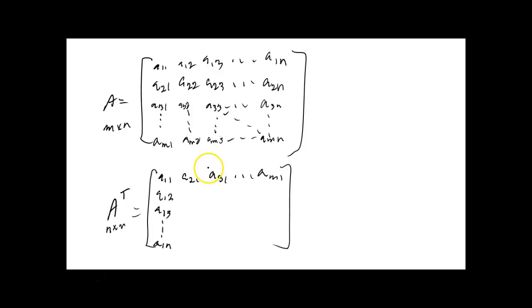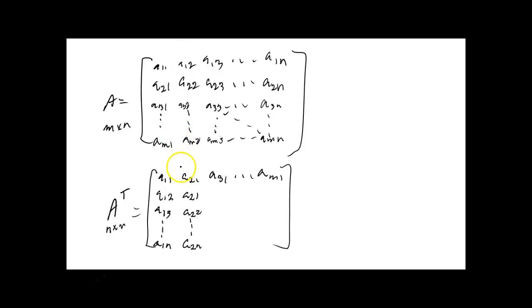Okay. You just keep doing that. So the second row here is the second column here. A21, A22, dot, dot, dot, down to A2N. The second row down here was the second column up there.